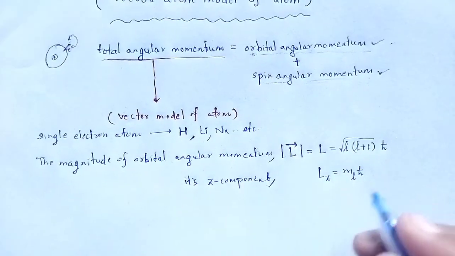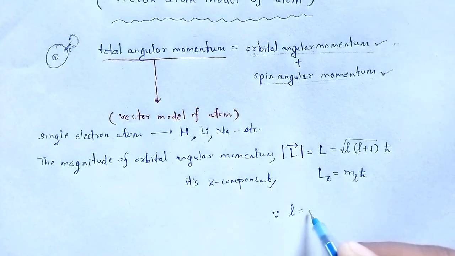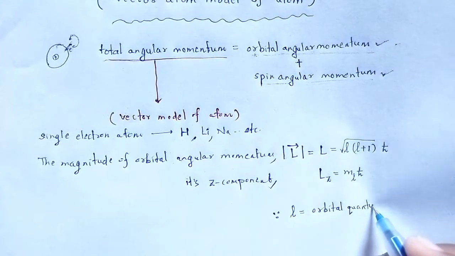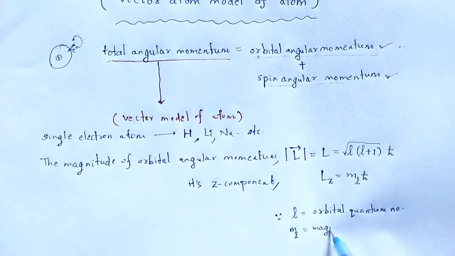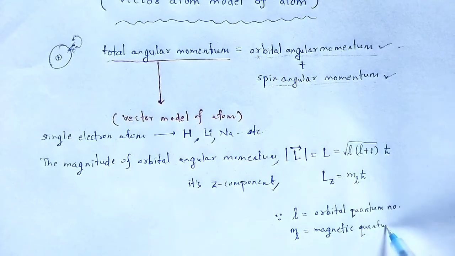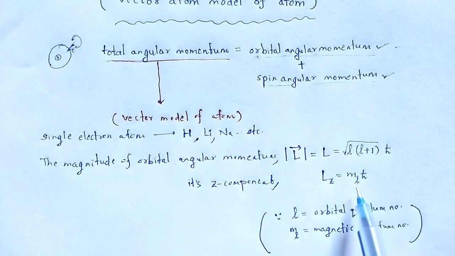Here we write where small l is the orbital quantum number, and ml is the magnetic quantum number, and the allowed values of ml will be 2l plus 1 allowed values, that ml stands for plus l to minus l.